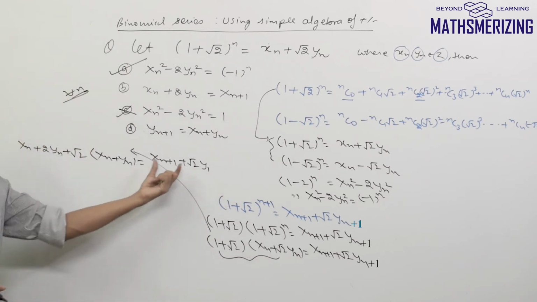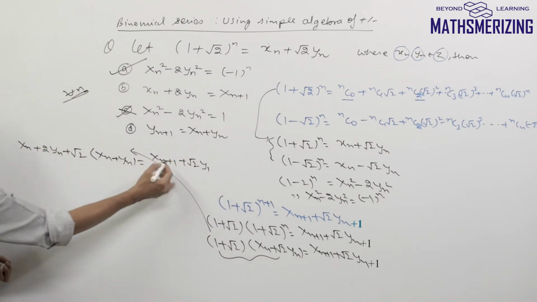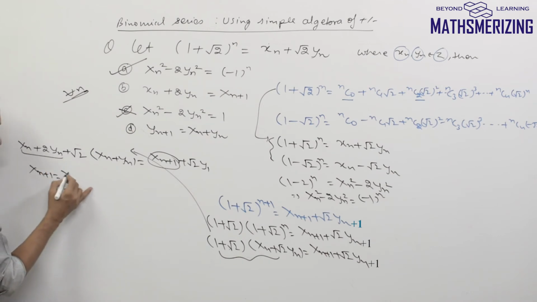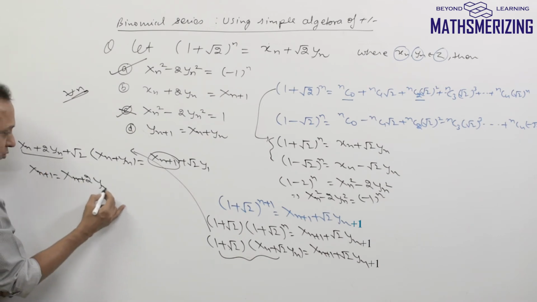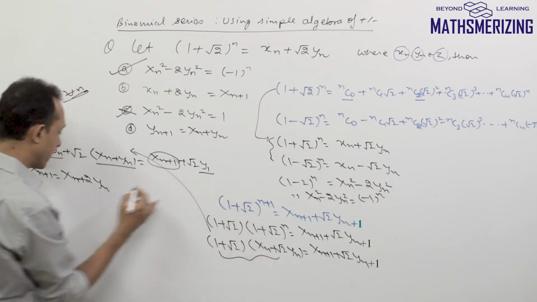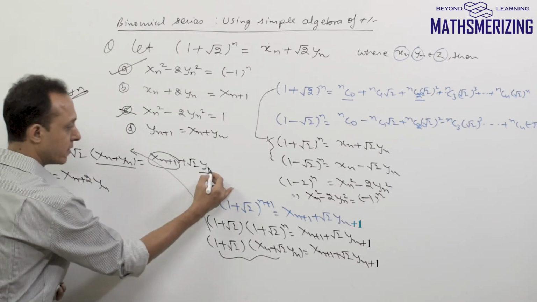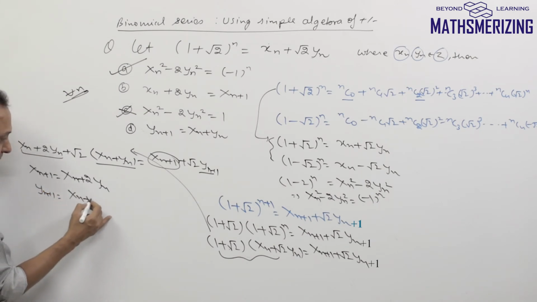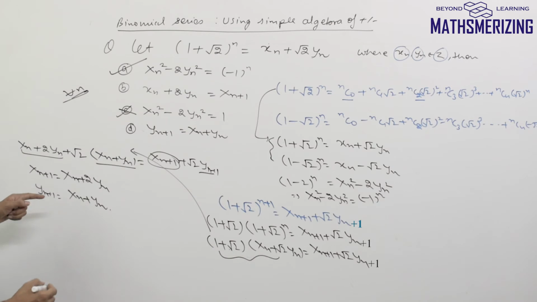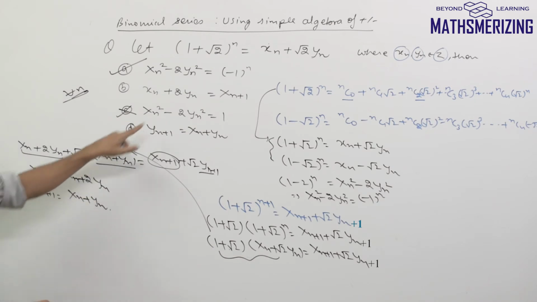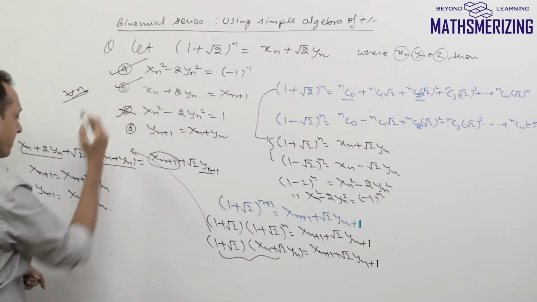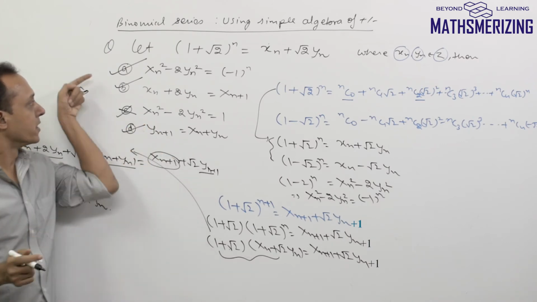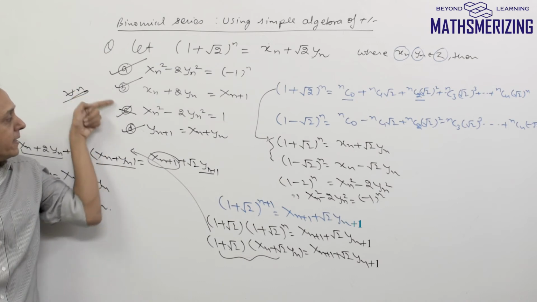Now comparing rational and irrational parts, if I compare the rational part, I'll get xn+1 as xn + 2yn, and if I compare the irrational part, I'll get yn+1 as xn + yn. So xn + 2yn is xn+1, which is option number B, and yn+1 is xn + yn. So in this question, options A, B and D are correct, and option number C is incorrect.